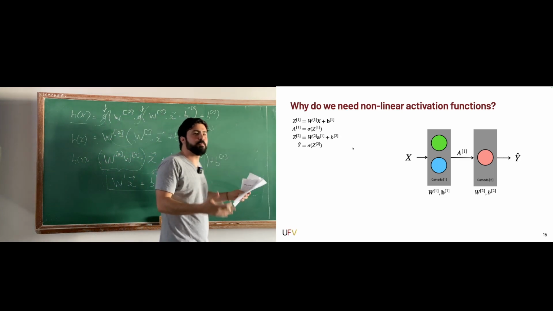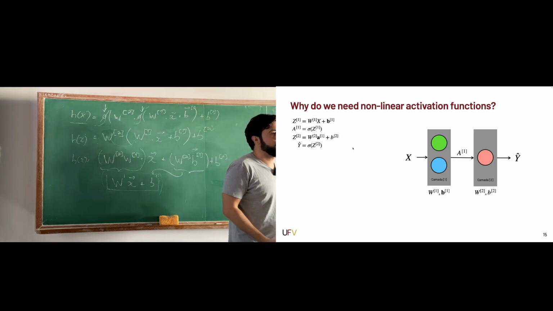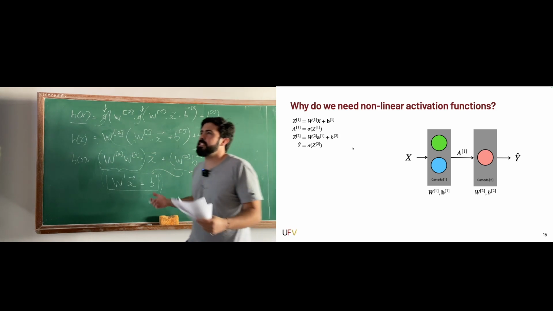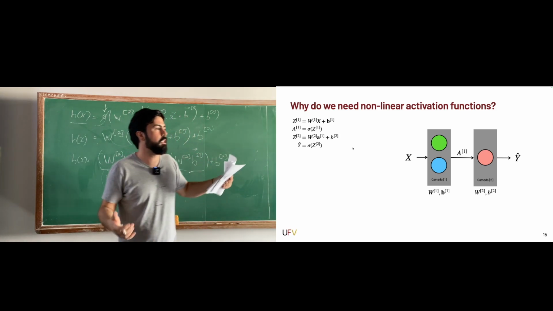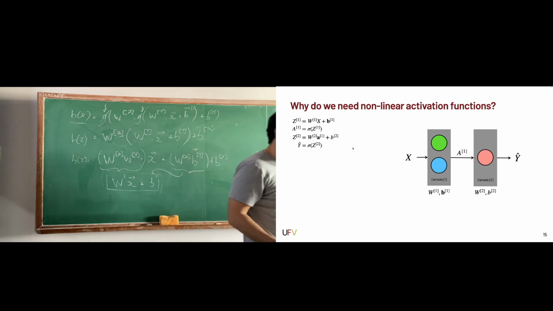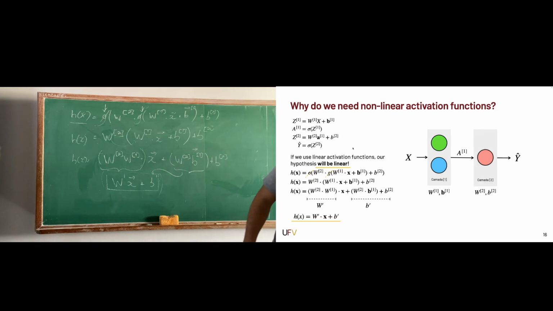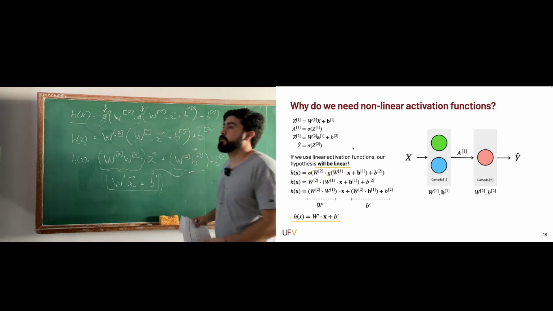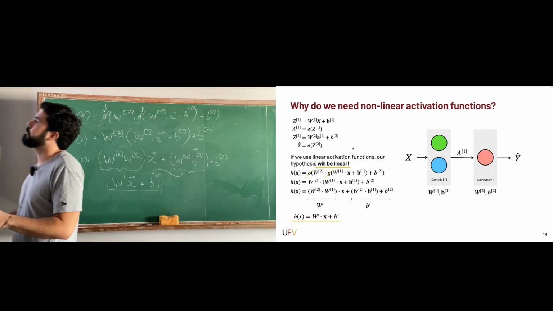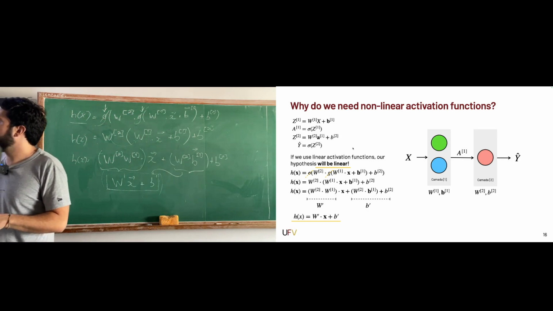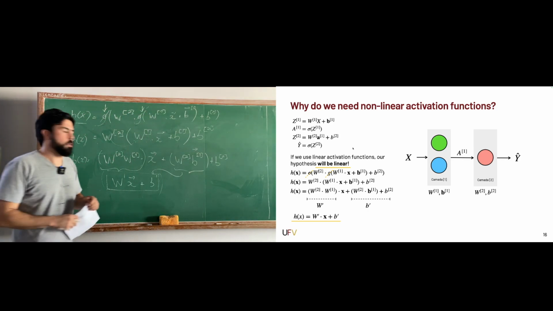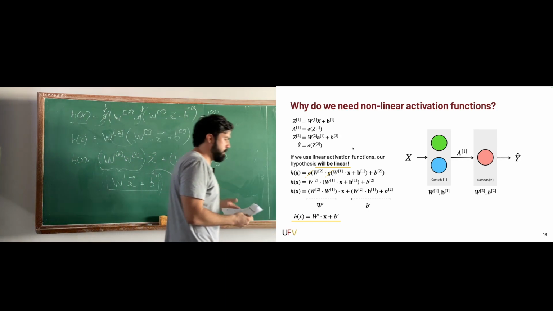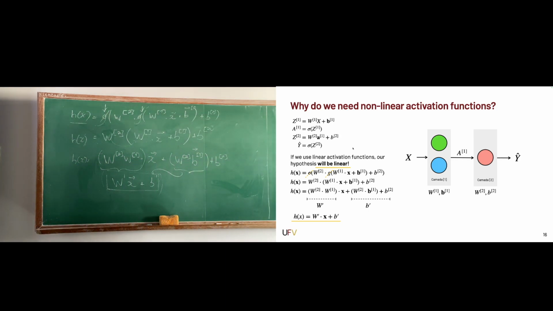But at the end, it's going to be a linear function. So you need to add these nonlinear activation functions to learn nonlinear functions. Okay? And that's what I was trying to claim here on the slides. So it's important. In other words, if you just pick linear activation functions, you are not doing any better than a logistic regression at the end of the day.